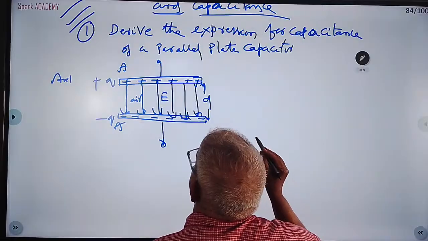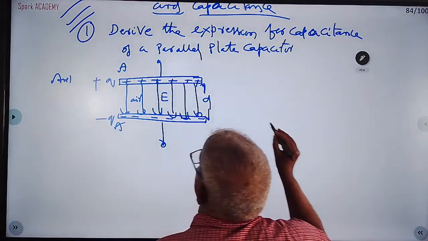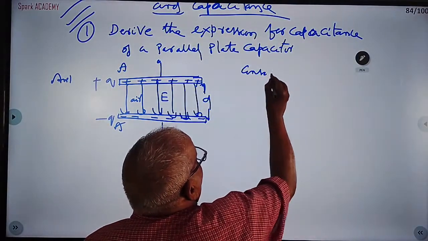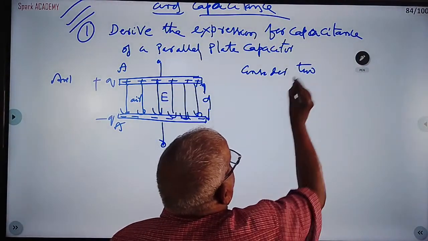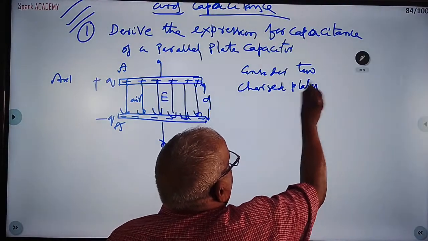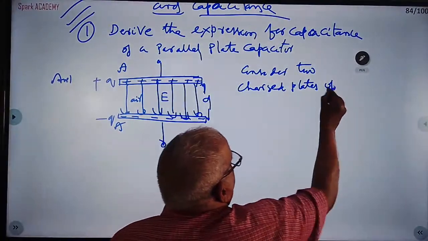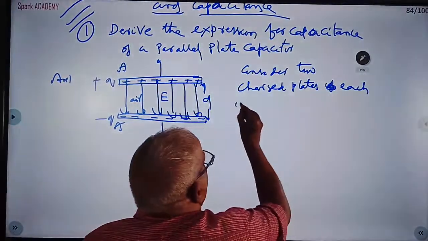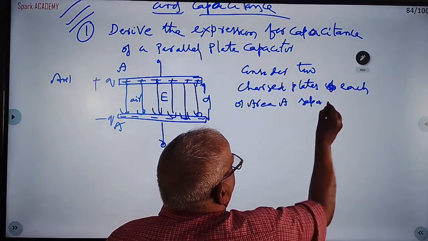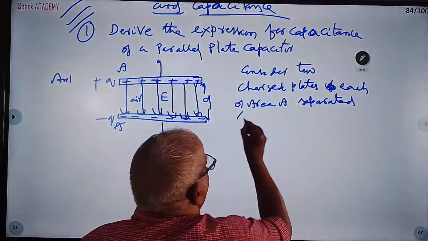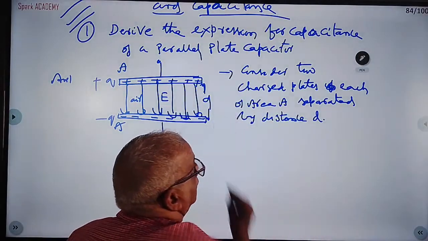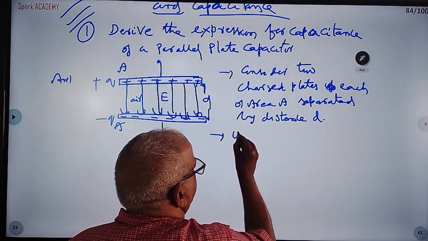We'll write it later. So consider two charged plates, each of area A, separated by a distance D, charged by a battery. A uniform electric field exists between them.